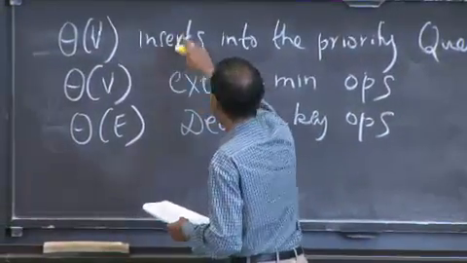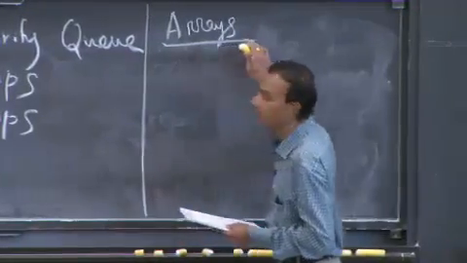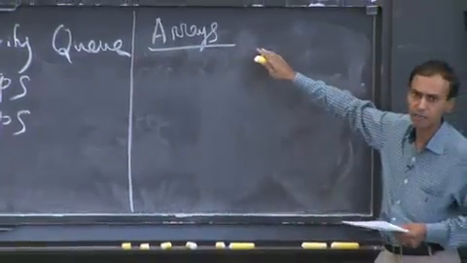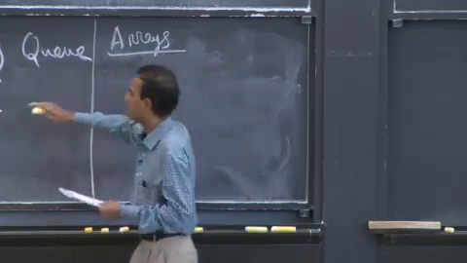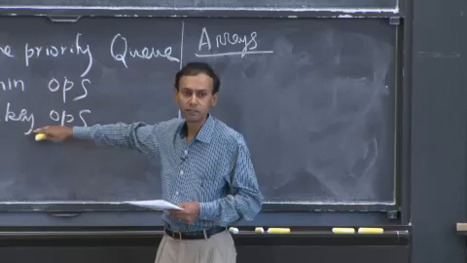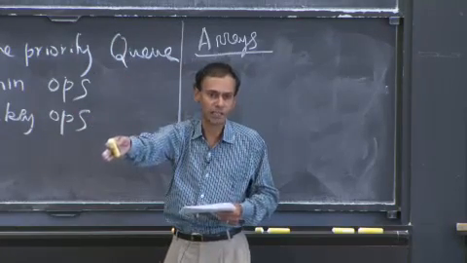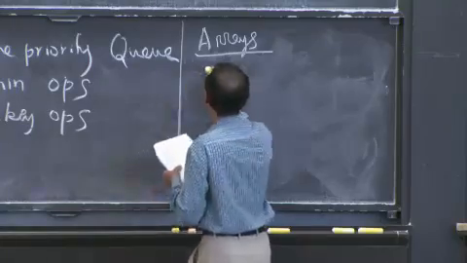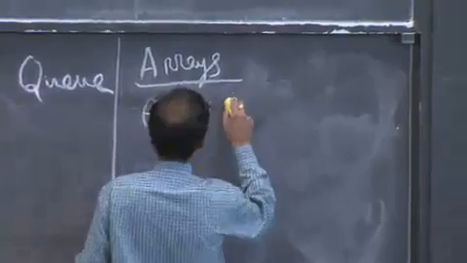What is the complexity of extract min in an array? Theta V. And what's the complexity of a decrease key in an array? I just go access that element and I change it. It's theta 1, right? So I have theta V for extract min.